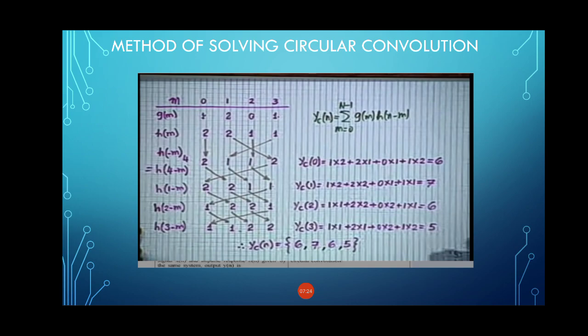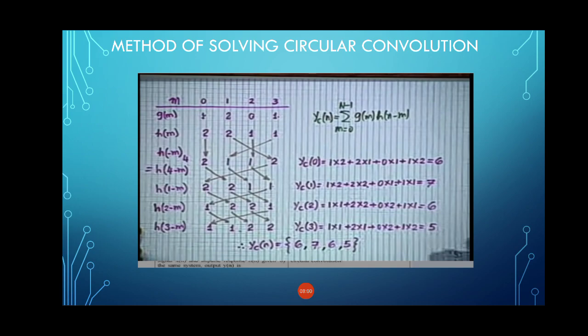In this way, h of minus 2 is again out of our range, so we add plus 4, that is h of 2. So h of 2 comes down in the position of 2 in the case of h of minus m modulus 4. And what is h of minus 3? If you add plus 4, it will be h of 1. So h of 1 comes down in the position of 3 in the case of h of minus m modulus 4.